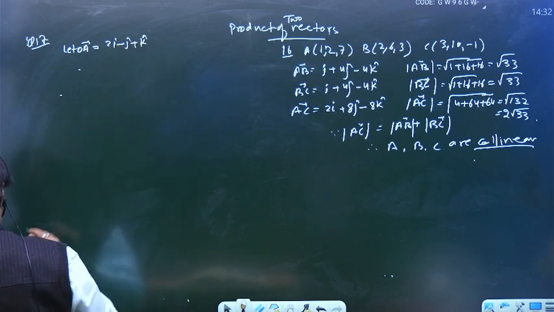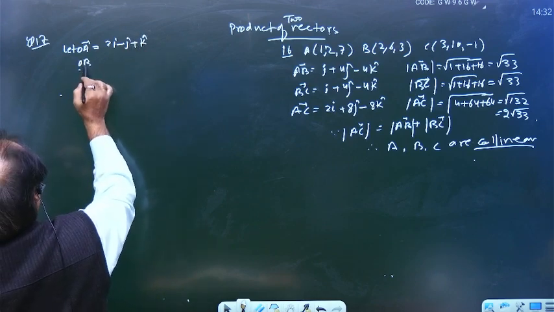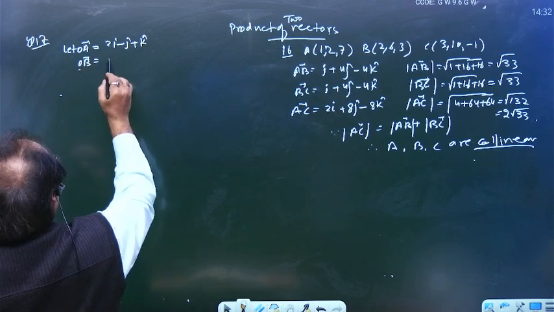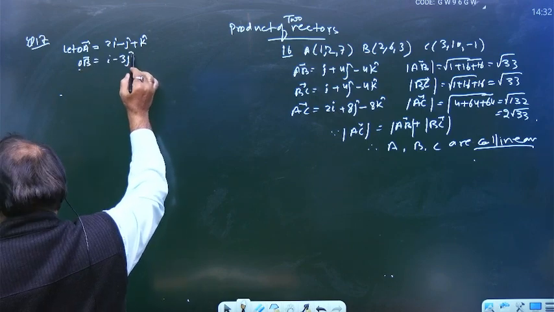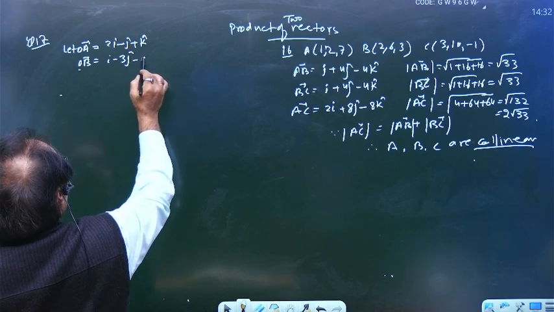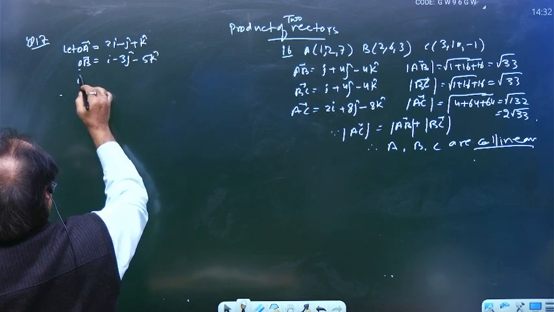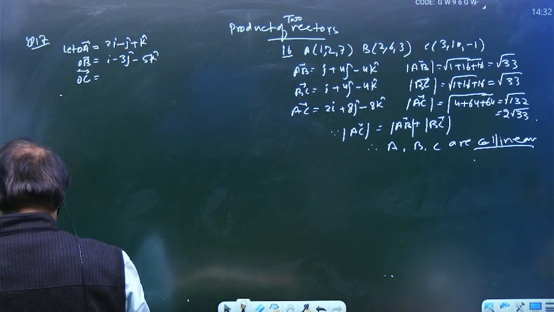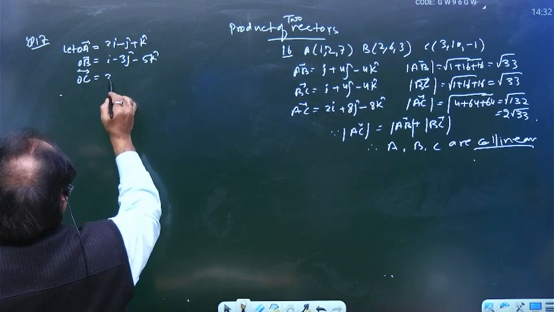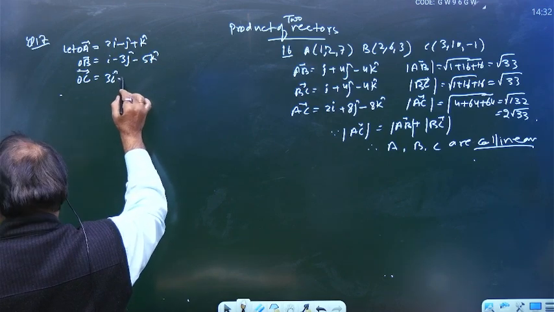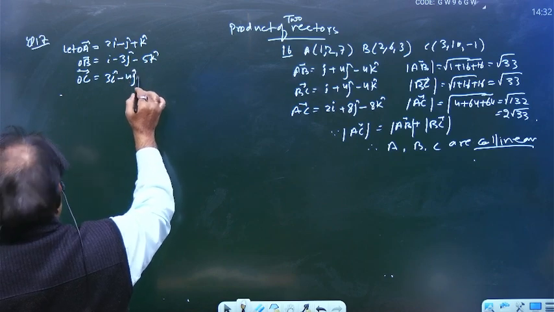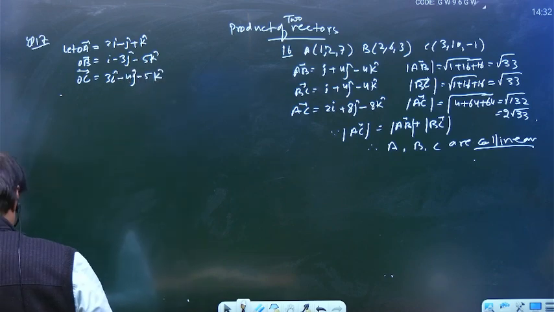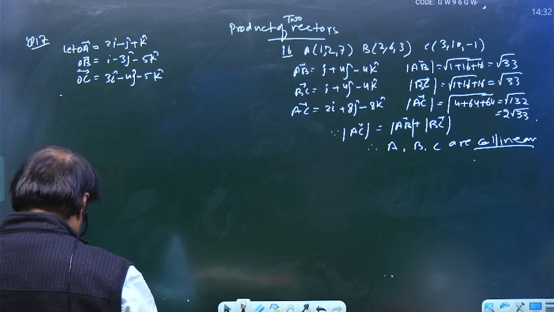The second vector OB is given as i cap minus 3 j cap minus 5 k cap, and OC is 3 i cap minus 4 j cap minus 5 k cap. They form a right angle triangle.